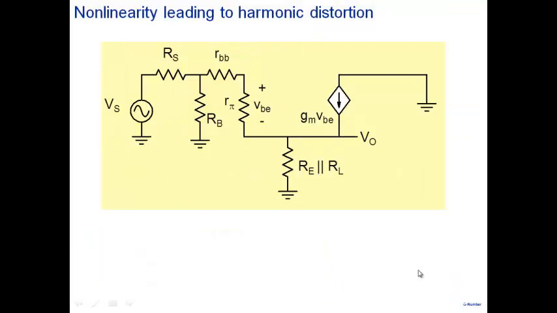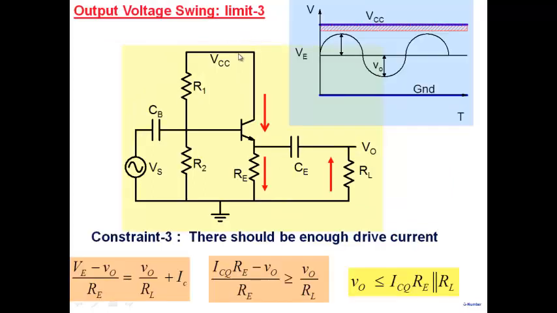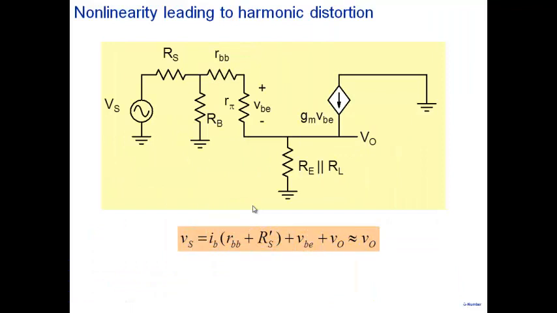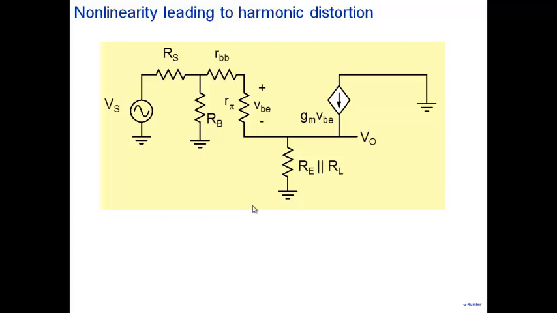Okay. Now, the other one, some of you may be wondering, what about harmonic distortion? Note that in this amplifier, when I have a capacitor under AC, it's a short, and I have a resistance in the emitter. And I've already shown you that when you have a resistance in the emitter, there's a negative feedback. And the other way of looking upon it is as follows.